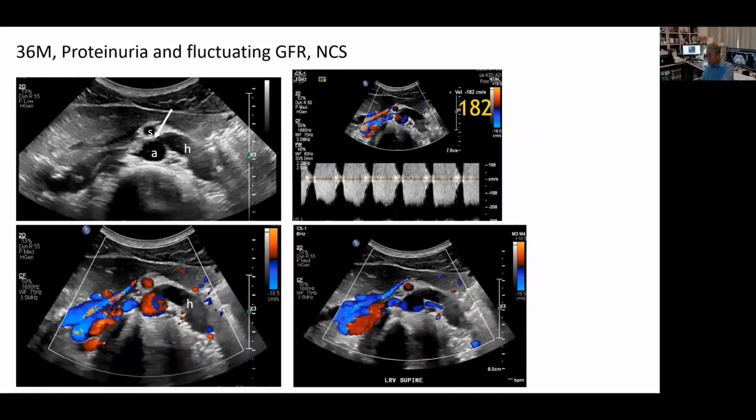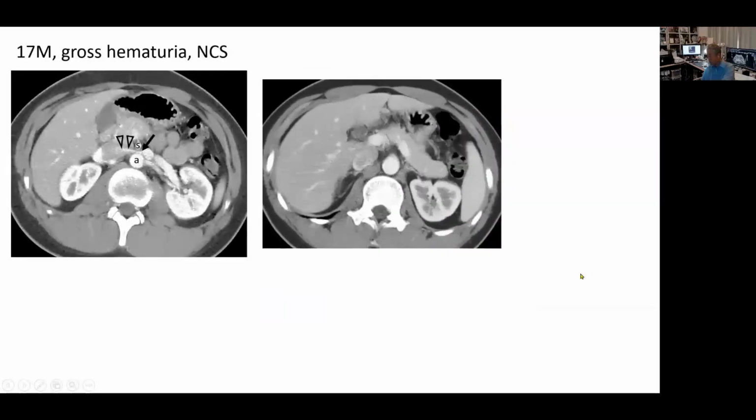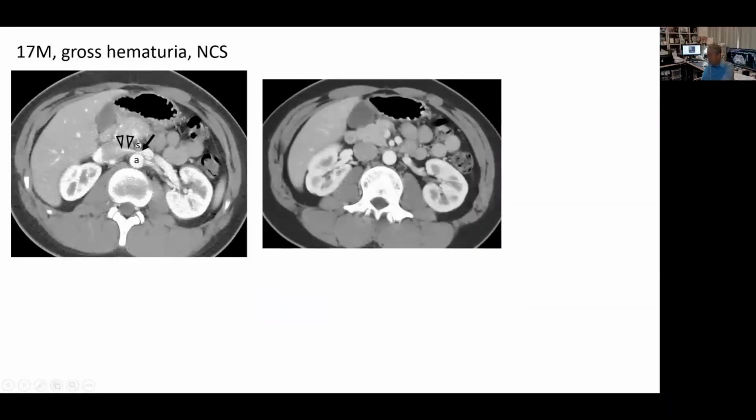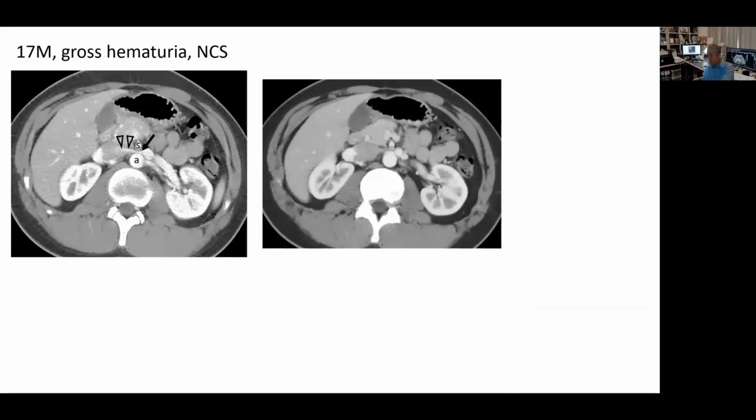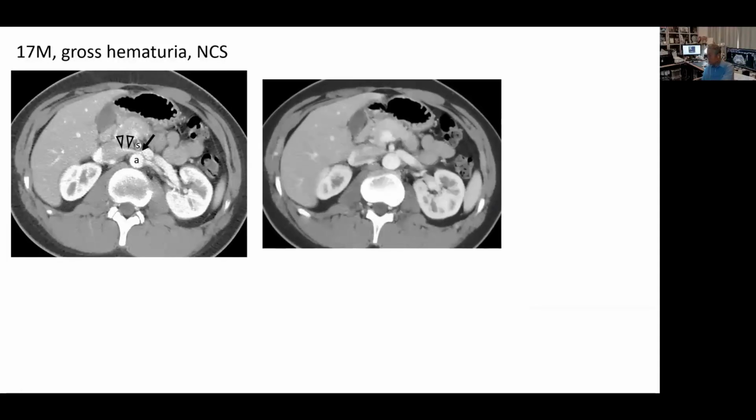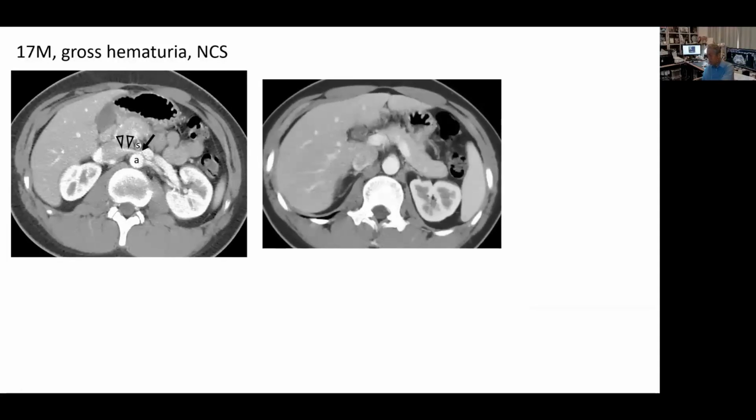As you see in those cases I showed you, Doppler ultrasound is a practical imaging modality to detect Nutcracker phenomenon non-invasively. Nowadays, CT became more and more popular as the primary imaging modality of the patients with hematuria.